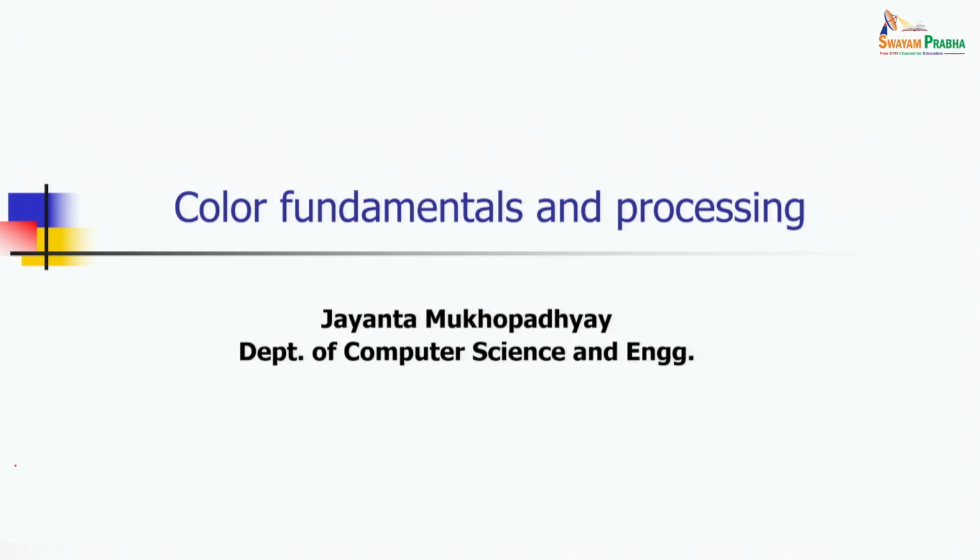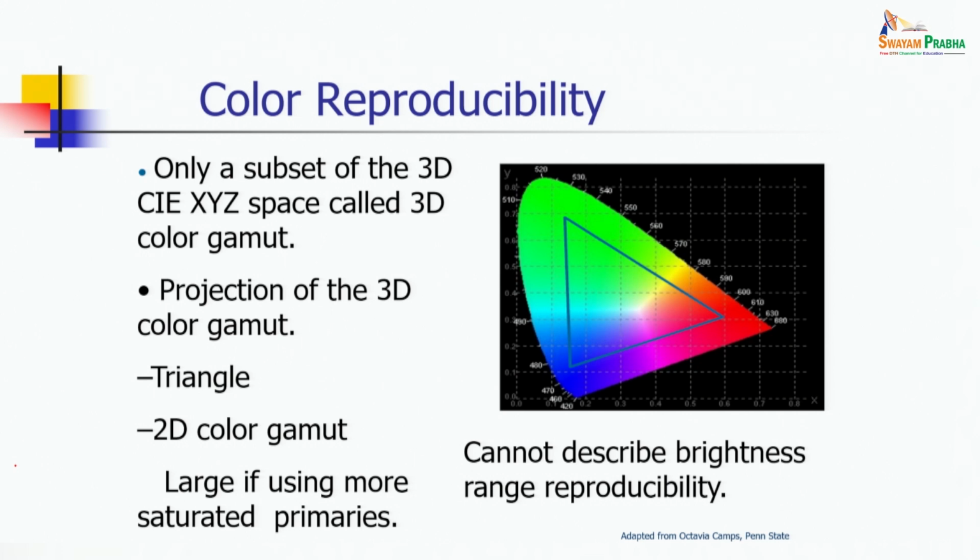So, we continue our discussion on color fundamentals and processing. In the last lecture, I just mentioned how colors could be represented in a two-dimensional space, where only the chromatic information, that means the information without luminance, could be represented as 2D points in that XY chromaticity space.